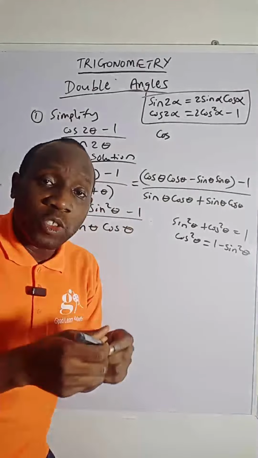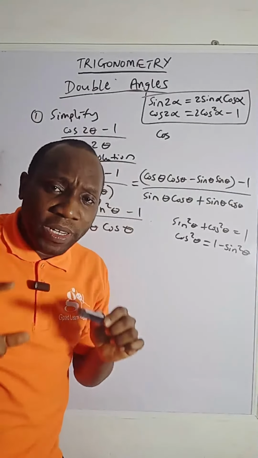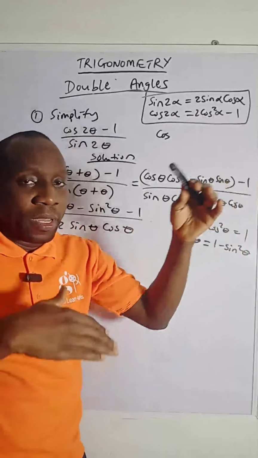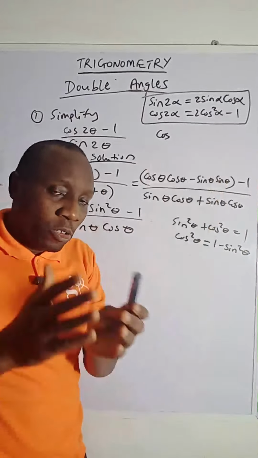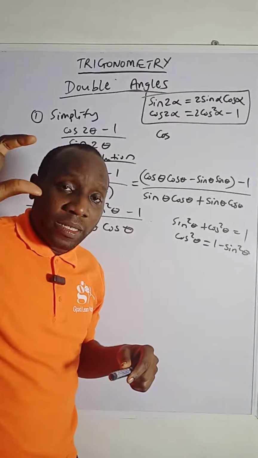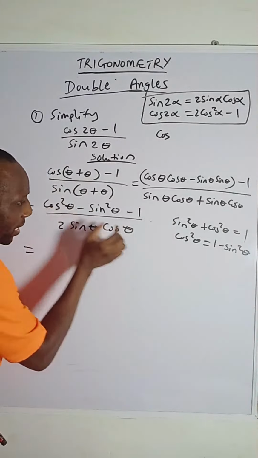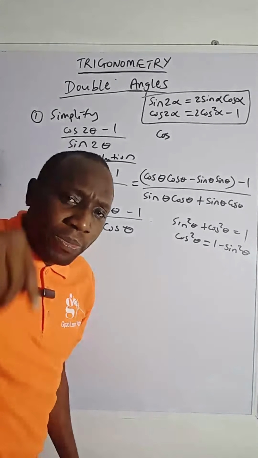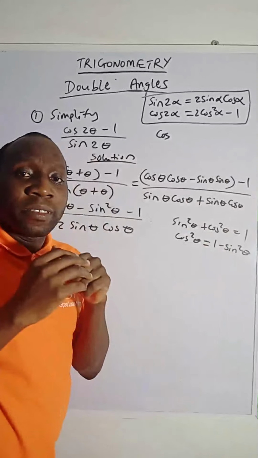Again, I am trying to preserve sine in the numerator and cos in the denominator, because if that happens, sine up, cos down, I'll just equate it to tan, because tan theta is equal to sine theta over cos theta. Hope that makes sense. So that's why I am changing cos square theta to 1 minus sine square theta, because I'm trying to see the possibility of having sine in the numerator and cos in the denominator.